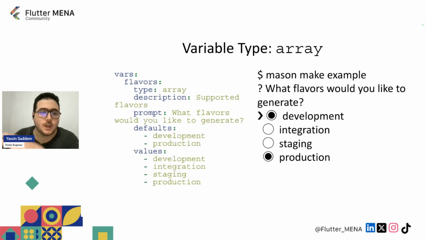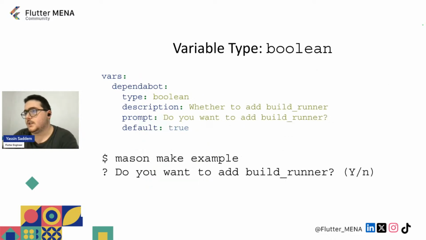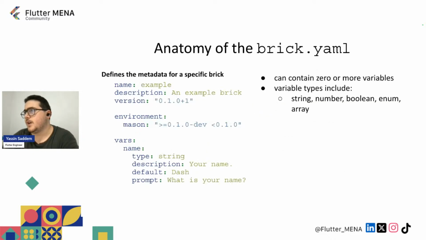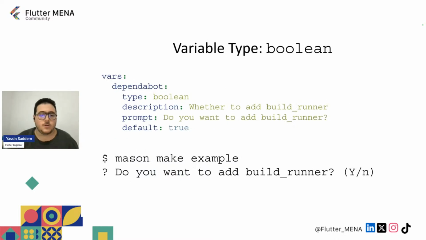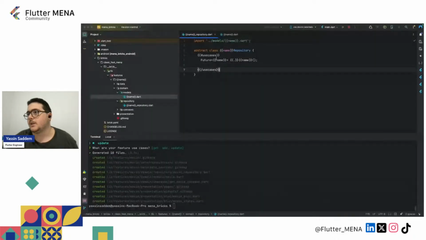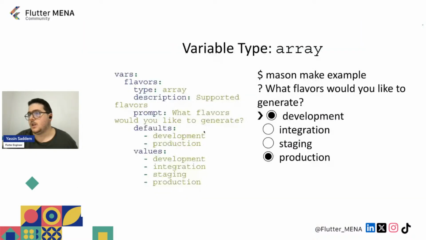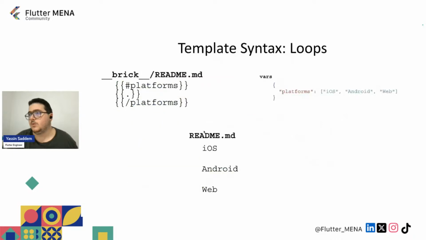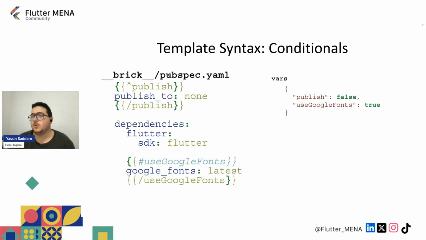Before moving to the naming convention, let's explore the other variable types. So there is the boolean. With the boolean we can use the same syntax as the for loop, but because it is a boolean, the content will be shown or not. Let's see an example for that. So this is an example.